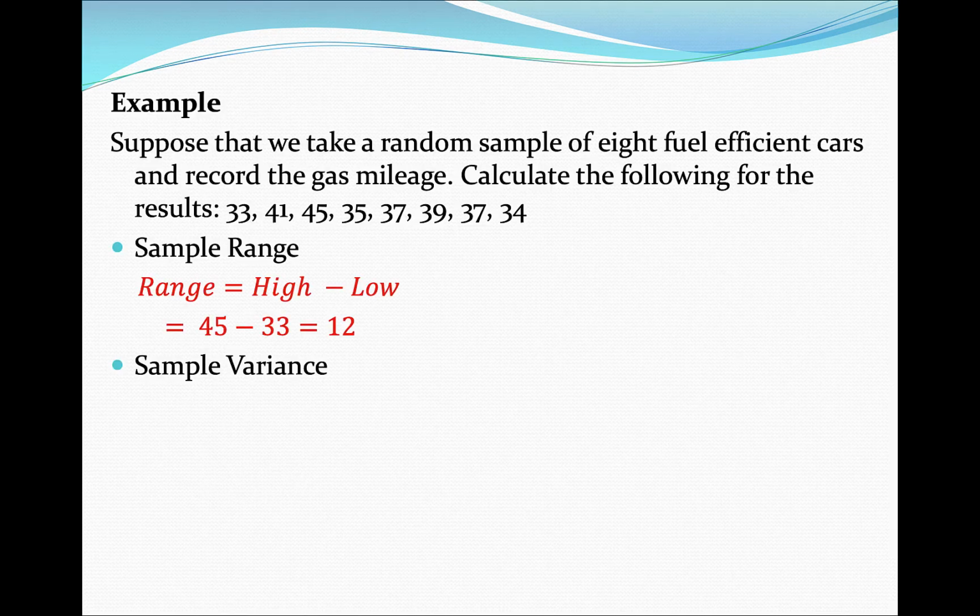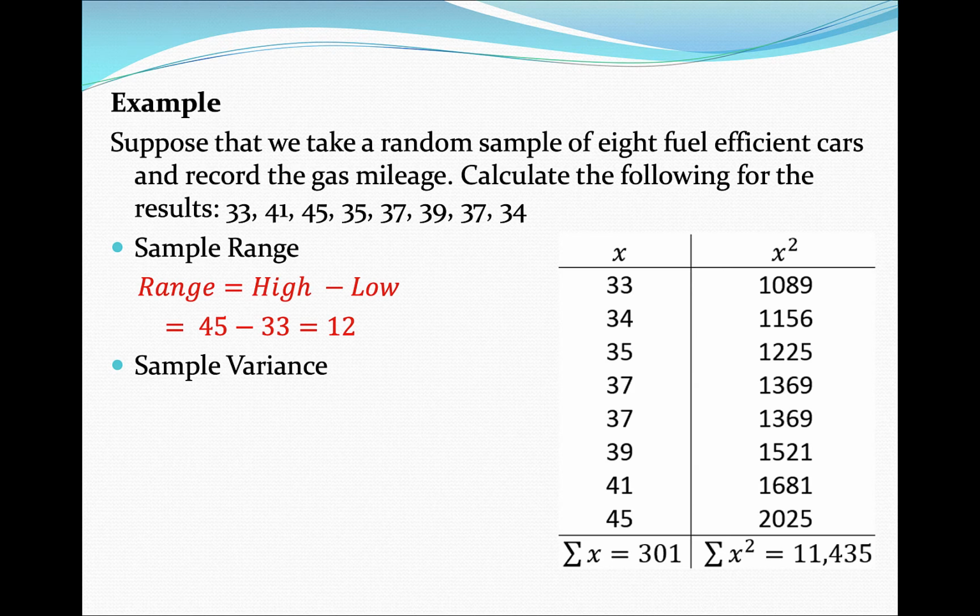Okay, so let's go back to our example, and let's calculate the variance. In order to calculate the variance, we basically need two different sums along with our sample size. So we know that n in this case is 8. If you remember from the last section of notes, we already figured out the sum of the x's was 301.